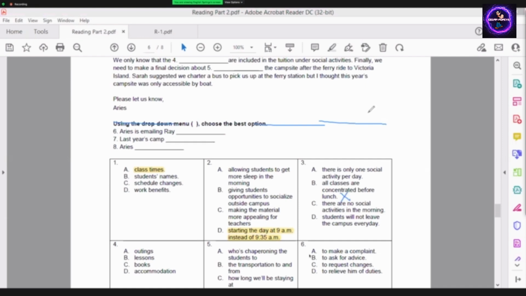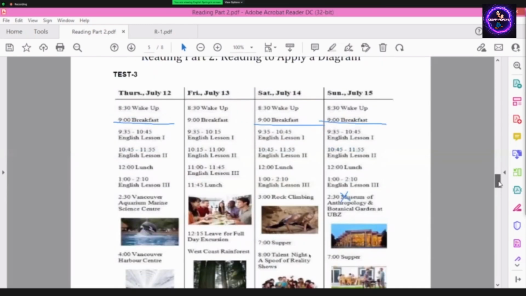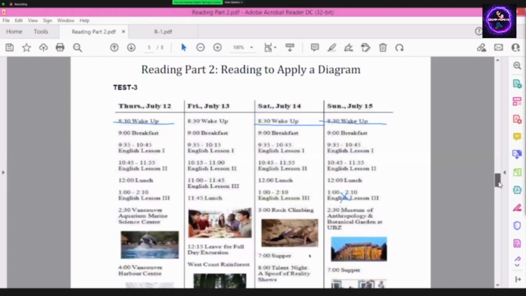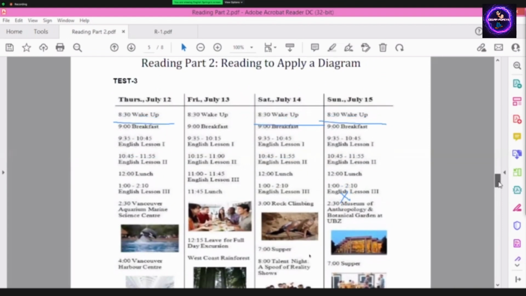Is there no social activity in the morning? We have to refer to that once, and see if there are social activities in the morning. No, there's no social activity. It's only waking up and breakfast. It's only after lunch, around 2 or 2:30 or 3 o'clock, that you have all the activities.